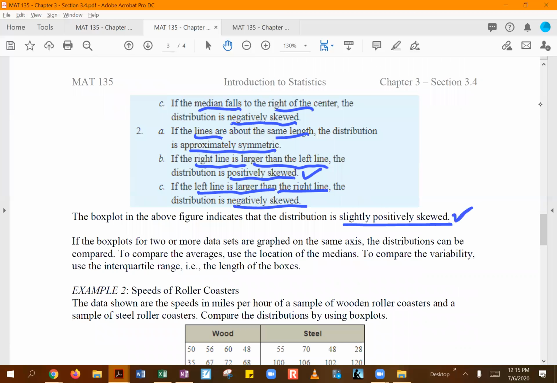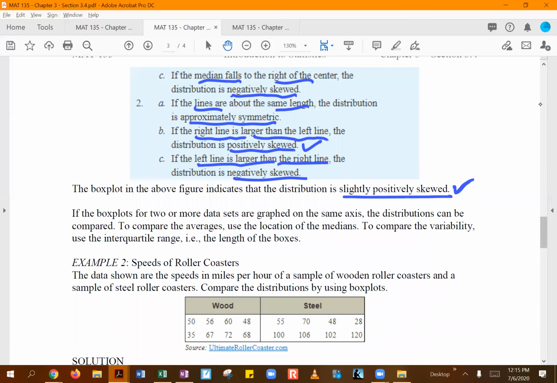So yes, we can make the conclusion that our distribution is positively skewed. However, and you will see this in your example, sometimes the median line will tell you something else, and sometimes the horizontal lines will tell you something else. So then you kind of have to figure out which one seems to be more specific.